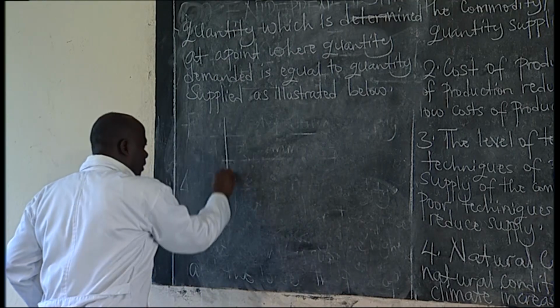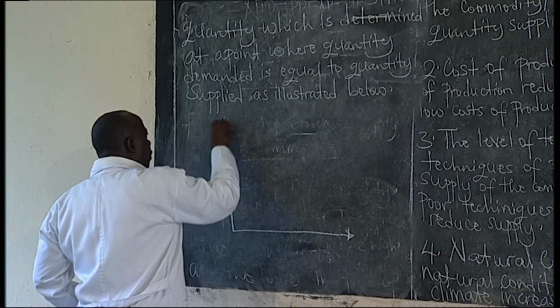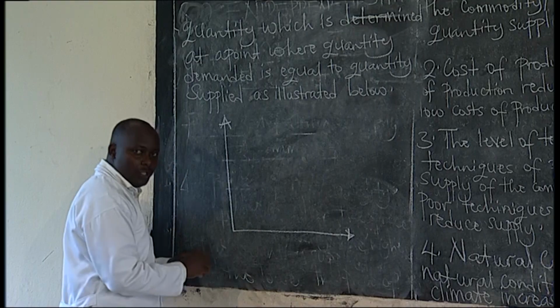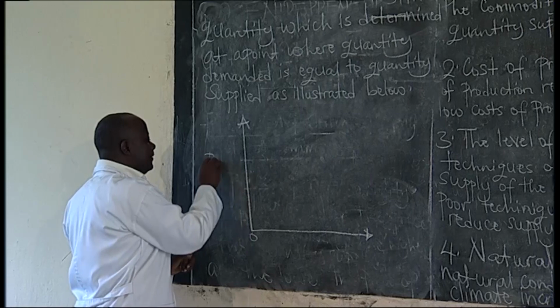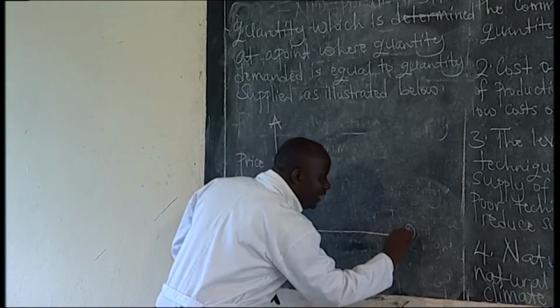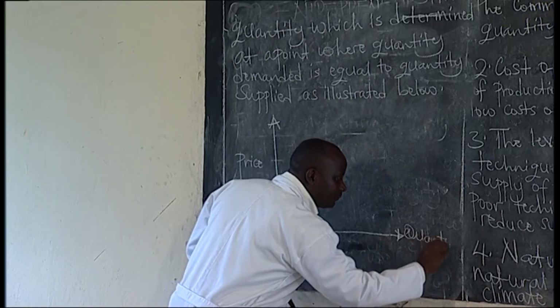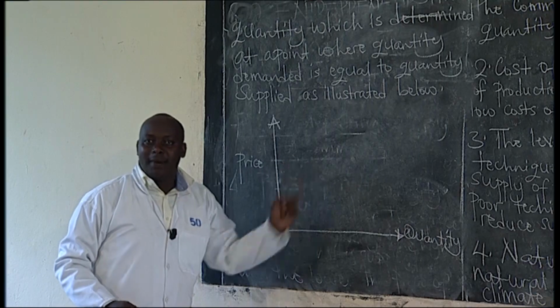Now, this is our curve. Any curve must have an origin. On the vertical, we indicate price. On the horizontal, we indicate the quantity. Now, we have to illustrate the demand curve.